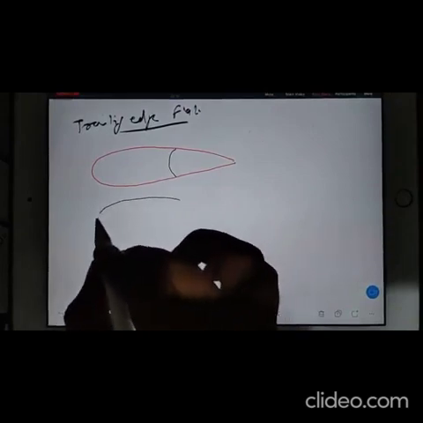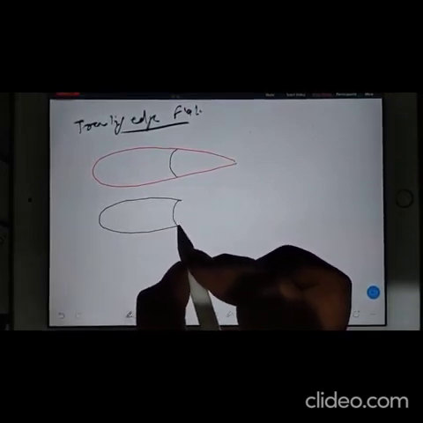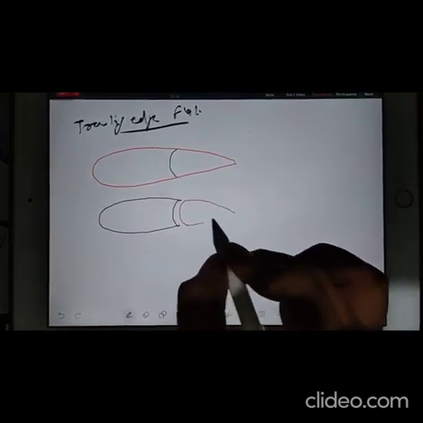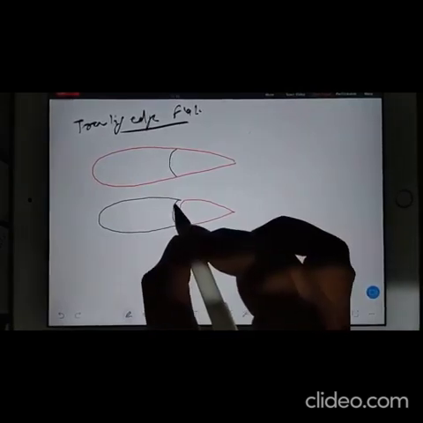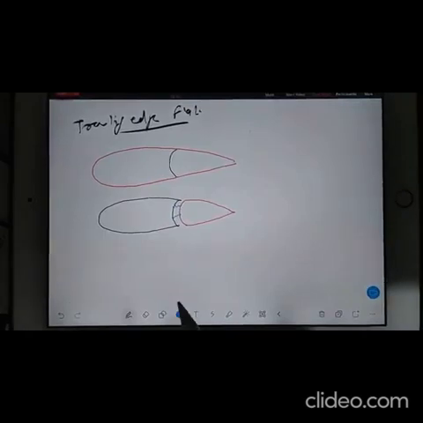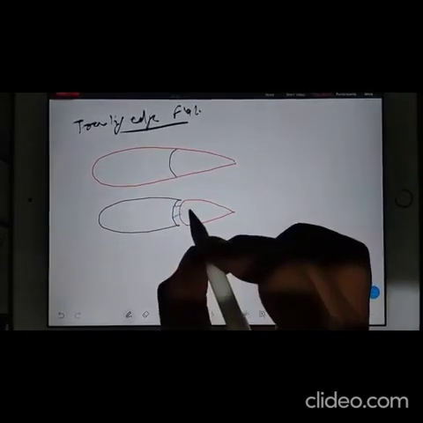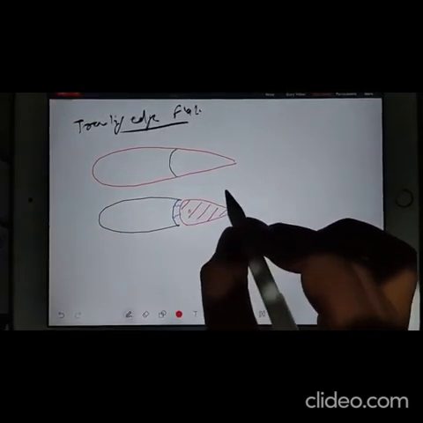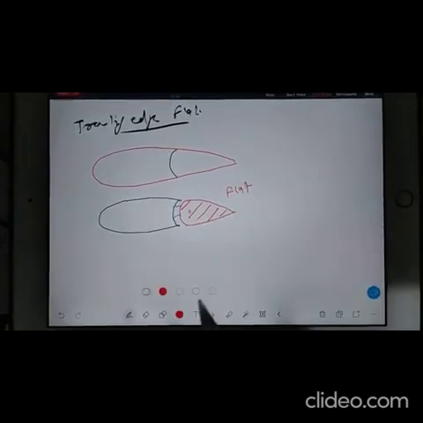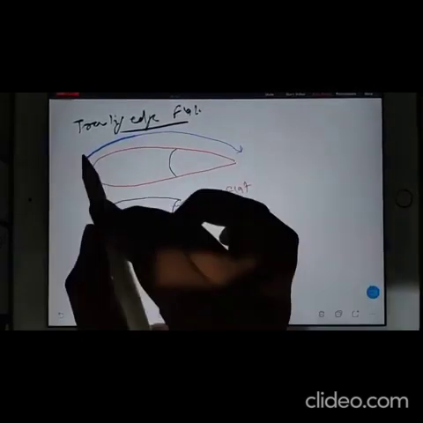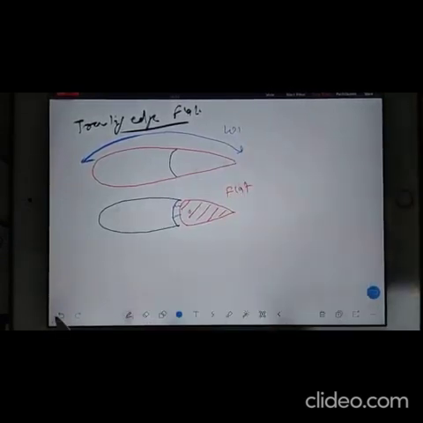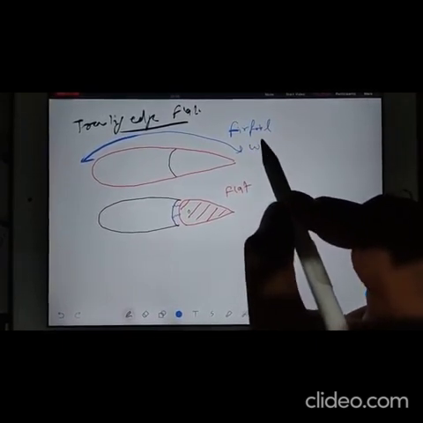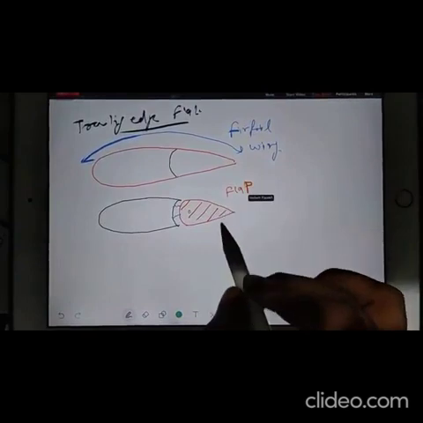This body is a separate body, and this body is a separate body, and they have some hinge connection. The red part, we call the flap. The entire part we call the airfoil, or you can say wing. Only this much part is the flap.